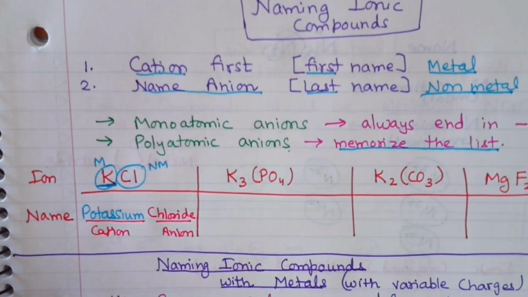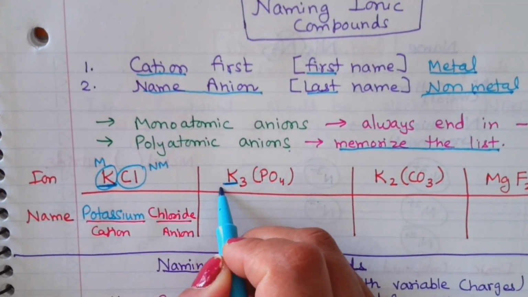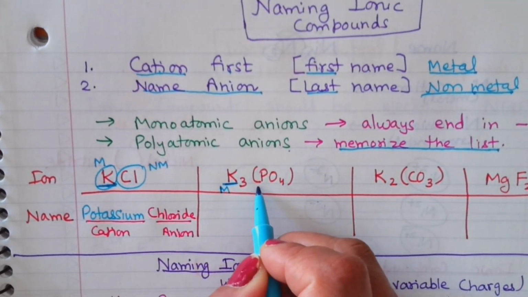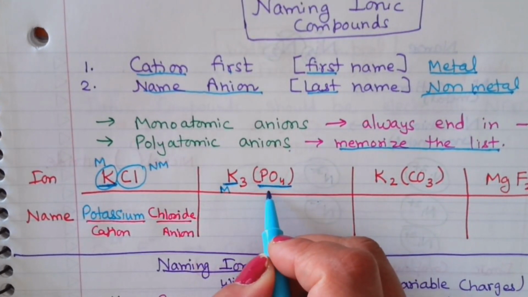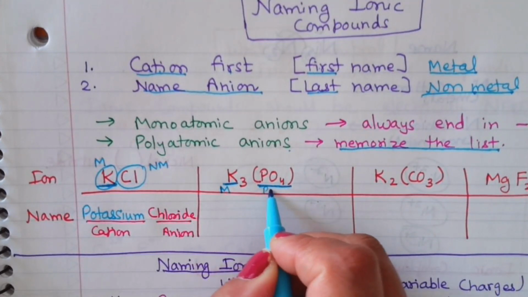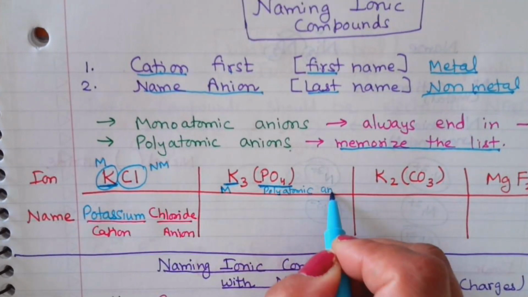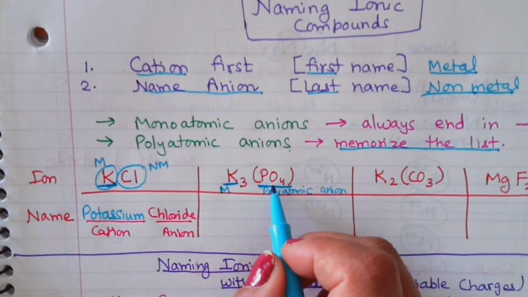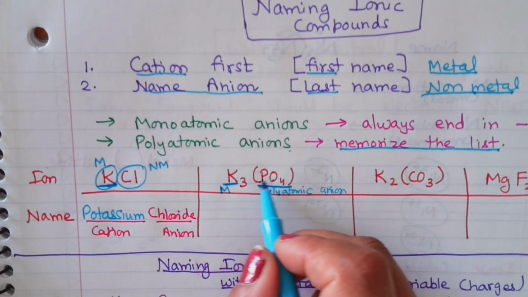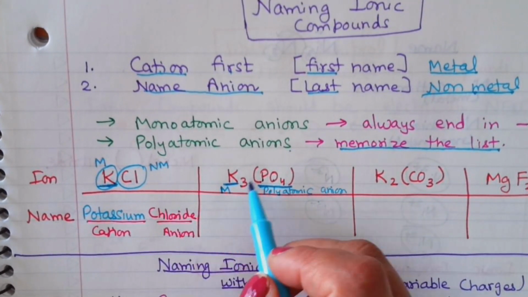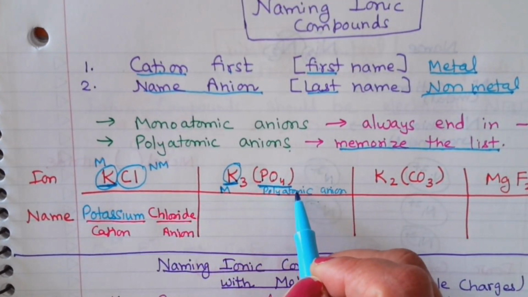Let's figure out the metal in this one. Potassium is the metal, and this whole thing is a polyatomic anion. The anion is always formed by non-metals. You can see P and oxygen are both non-metals. So we separated the metal, and everything else is the anion.